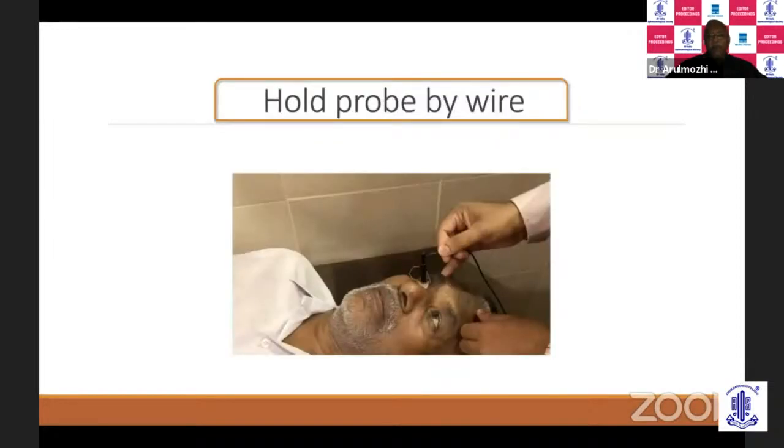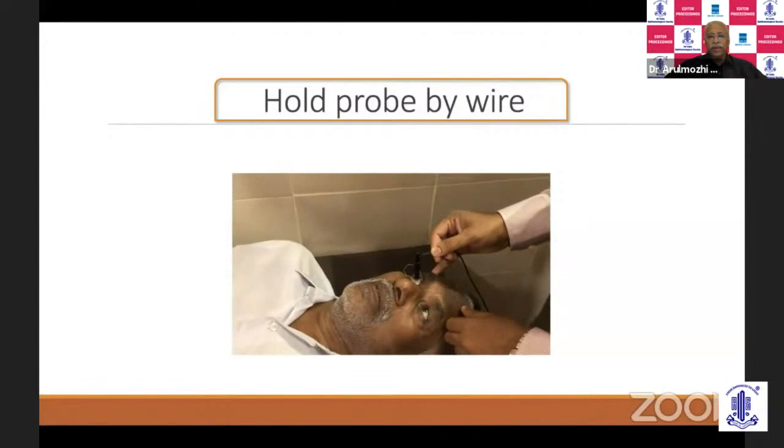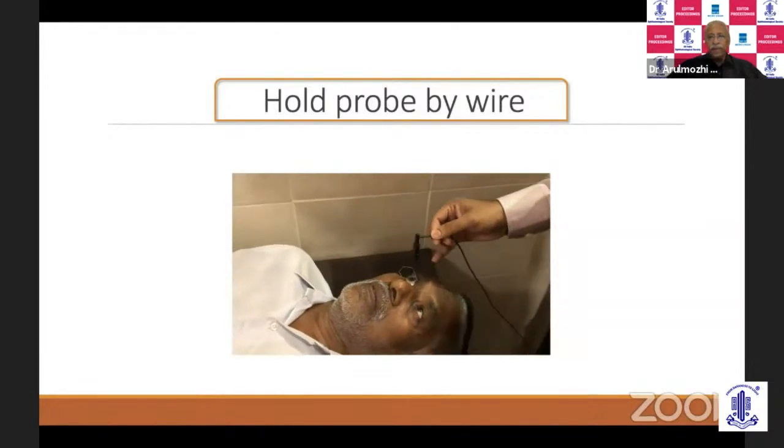Hold the probe with the wire so that you would not be pressing down or putting any pressure on the cornea. This way, the probe can just be made to touch the cornea very, very lightly, so that the indentation will not occur. So you can get the readings more accurately this way.